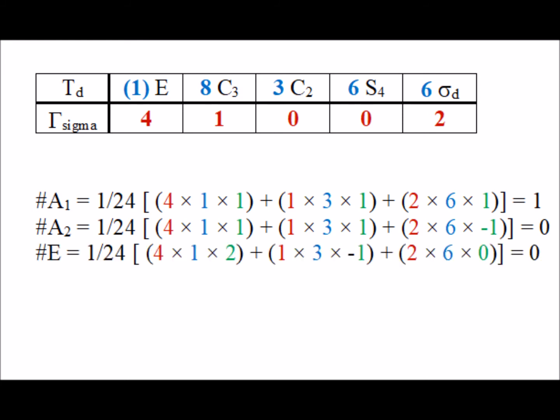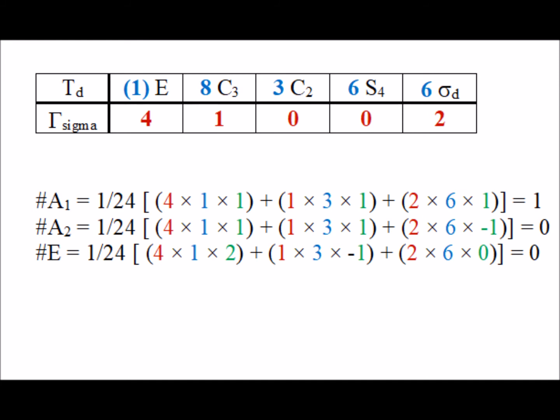The third irreducible representation is called E because it is a doubly degenerate representation. So again, we have our 1 over 24 because 24 is the order of the group. And now we see in the first set of factors 4 times 1 times 2 because under E, the identity operation, for the E doubly degenerate irreducible representation, the character is a 2 and not a 1.